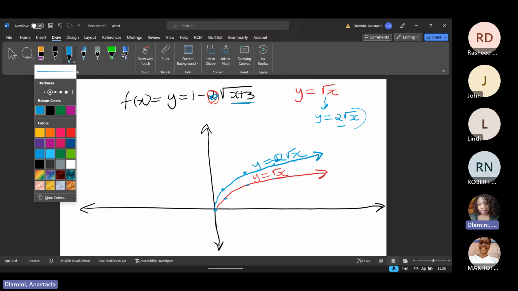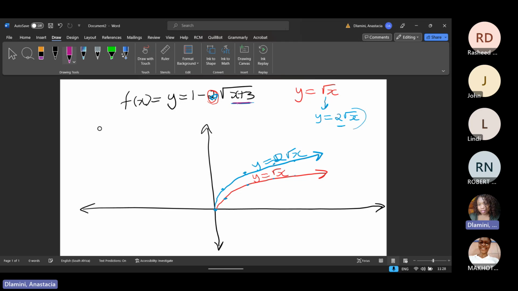From the transformation that we did last time, if we have x + 3 inside, this is a shift of the graph horizontally to the left, meaning we're going to shift the graph horizontally 3 units to the left. So we have y = 2 square root of x + 3.